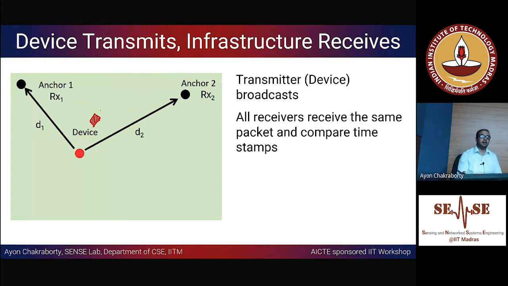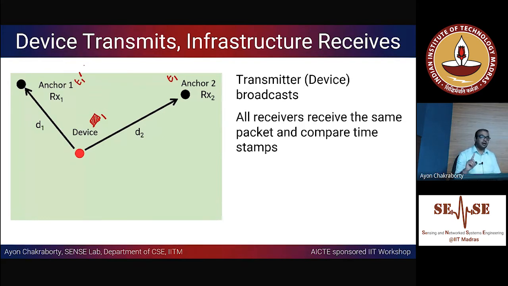So I am assuming here the anchors are synchronized. Anchor 2 is going to know that it has received the first packet at time t1, and anchor 1 is going to think that it has received the packet at t1 prime.